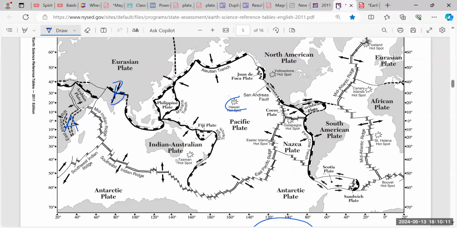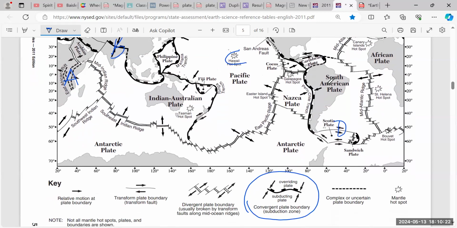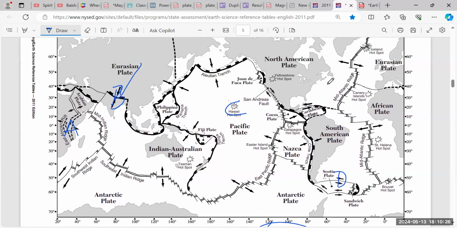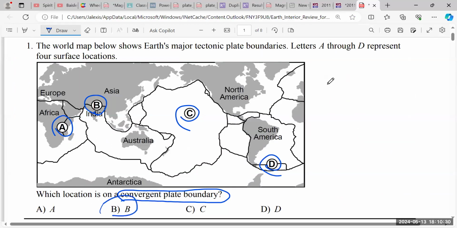And D ends up being right here, the Scotia Plate. Now, out of A, B, C, and D, the one that shows me a convergent plate boundary, where we see these symbols, is going to be right here. And so the correct answer is going to be choice B.